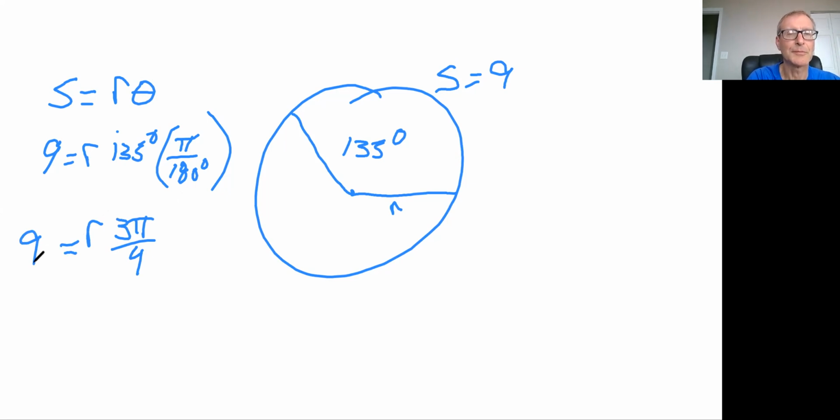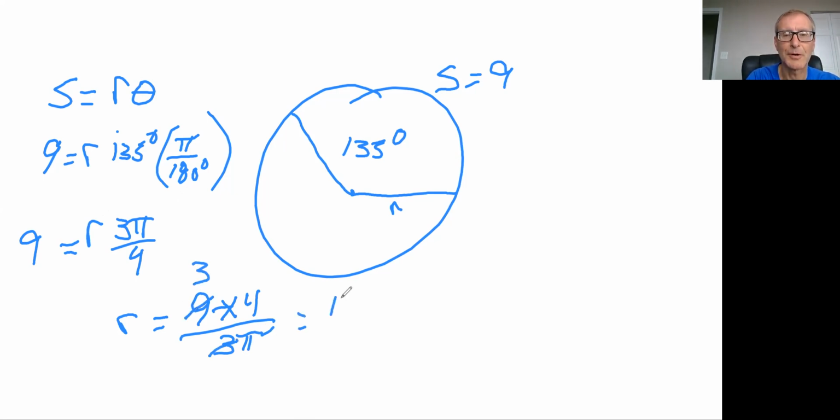So what do we do? To get r by itself, we multiply each side by the reciprocal, which would be 4 over 3 pi. So r equals 9 times 4 over 3 pi. These 3's would cancel, so you end up with 12 over pi. This one asks you to round to 2 decimal points.